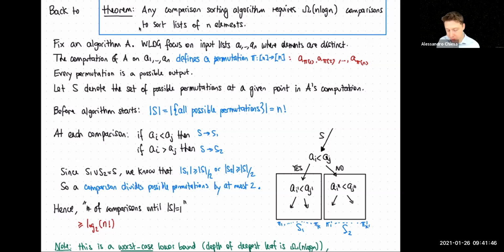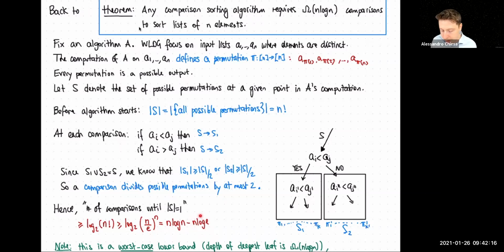Now, n factorial is a bit of an ugly expression, but you may be familiar with the lower bound of it, which is that n factorial is always at least (n divided by e) to the n, okay? Now, what is that? That is n log n minus n log e. Now, presumably at this point, you're pretty familiar with asymptotic growth.